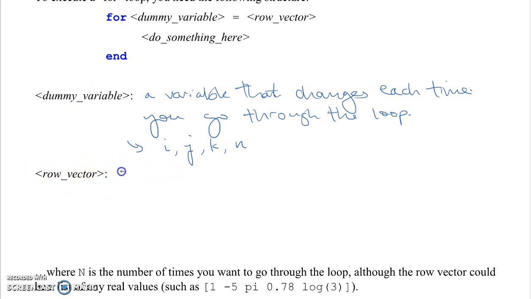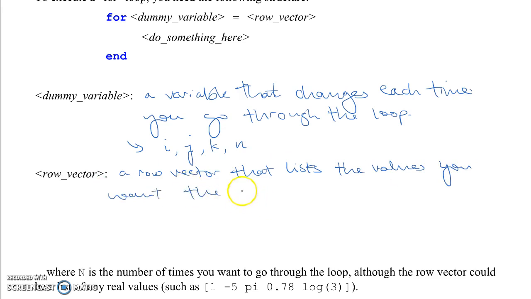So what is this row vector? It's a row vector that's basically a list. It's a row vector that lists the values that you want the dummy variable to take on.